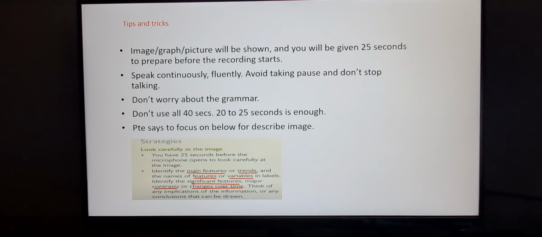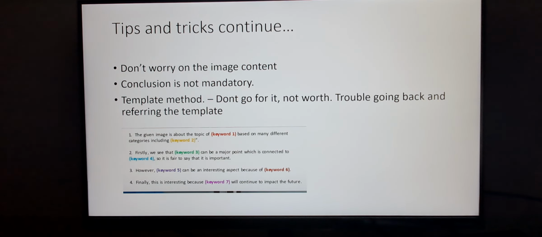So moving on, next tips and tricks continue. As I said, don't worry about the image content too much. You don't have to say each and everything about the image. No, you don't have to say that. You just have to say a couple of things about the image and you are good, because the other criteria like fluency and pronunciation will do the job.